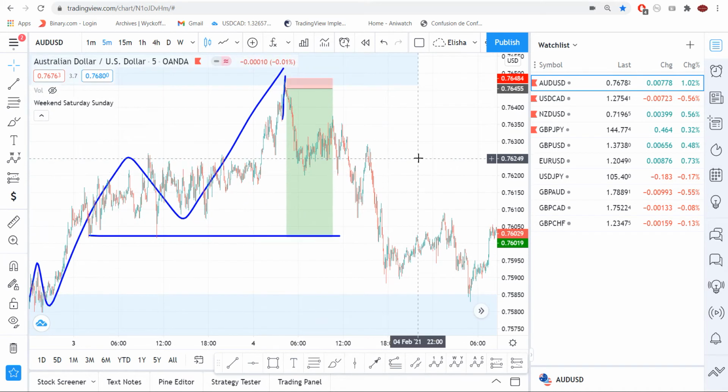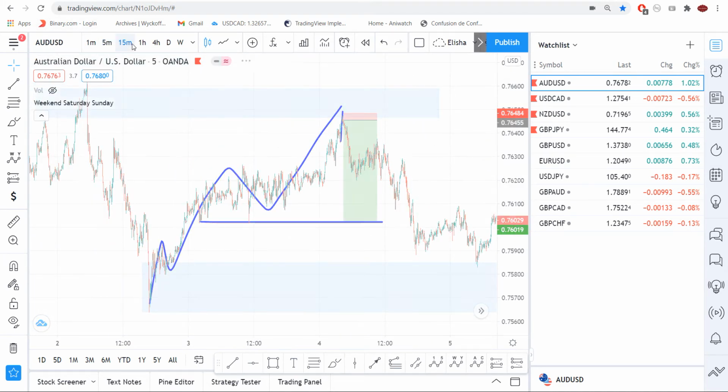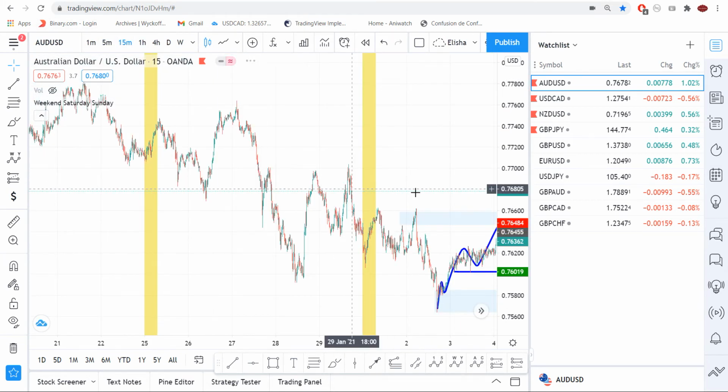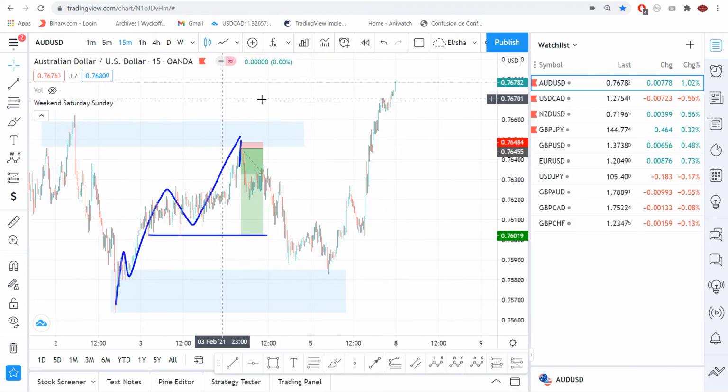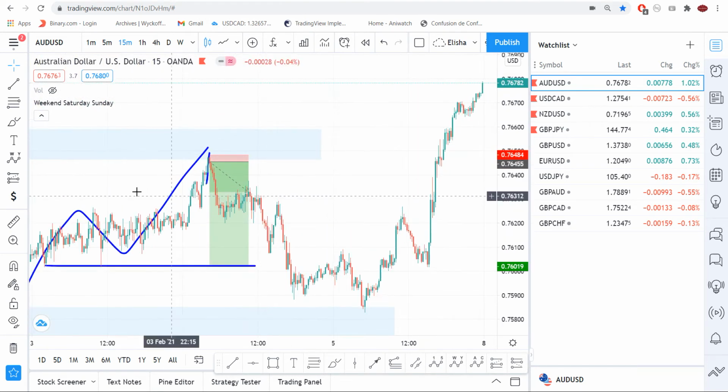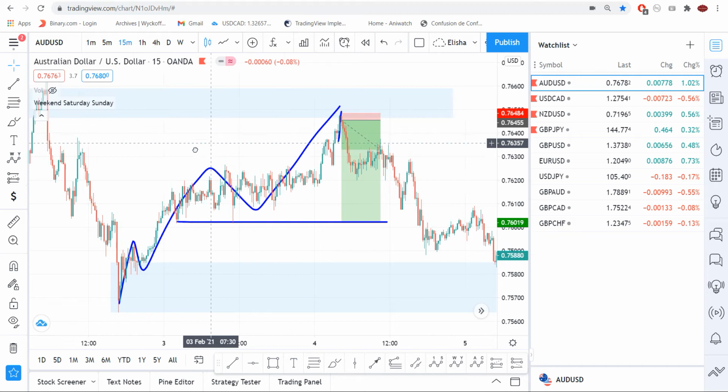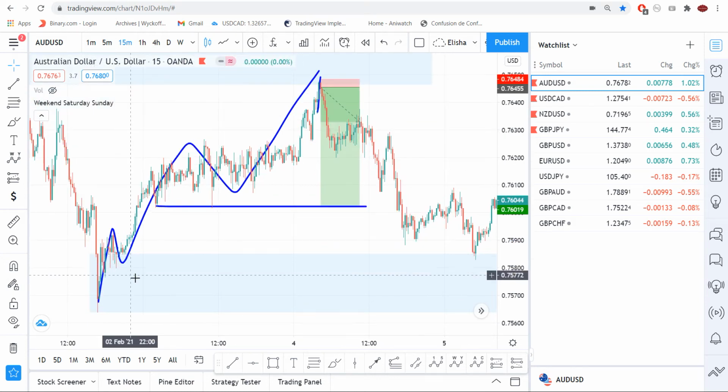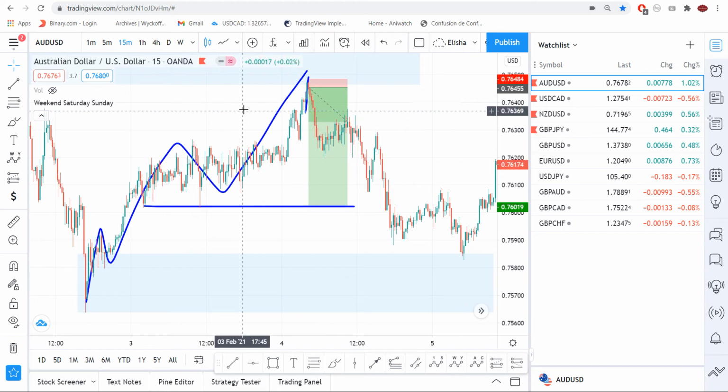All right, so incidentally, we had another setup right here. So we identify an order block here. This is the last candle before the up move, before the impulse, right? And so we know that after a wave one, we expect a wave two that is deep, right?